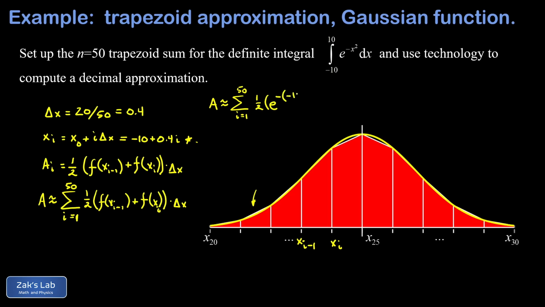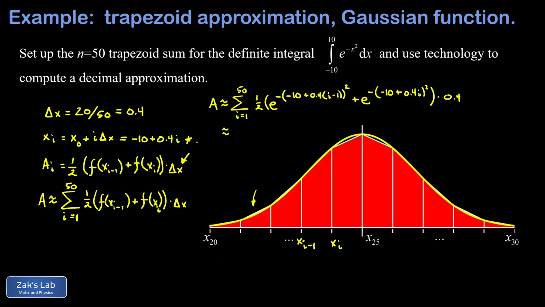So xi minus 1 is negative 10 plus 0.4 times the quantity I minus 1. And we have to square that whole thing. And then f of xi, that's going to be e to the negative xi squared. So negative 10 plus 0.4 I all squared. And then don't forget to multiply this by the width of each trapezoid, the subinterval width, 0.4.